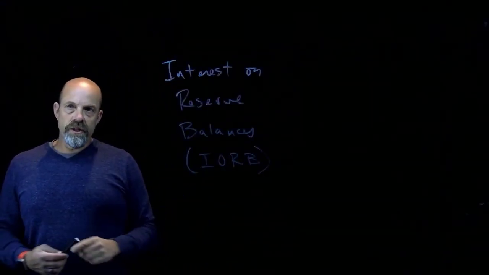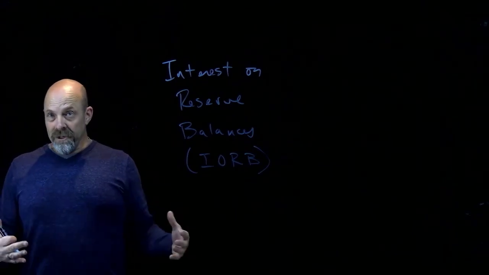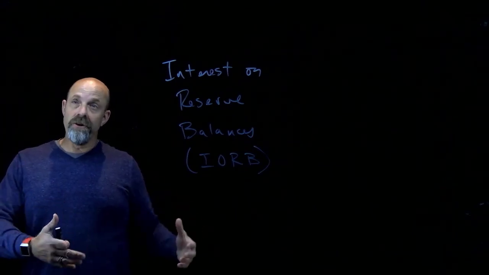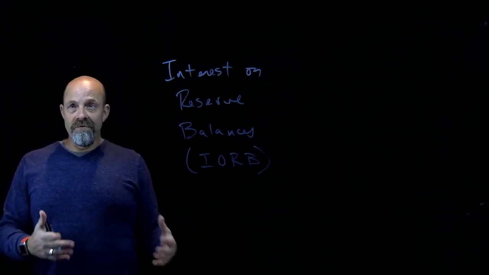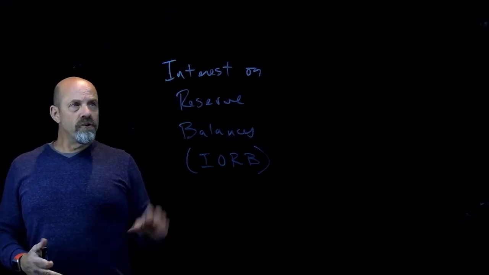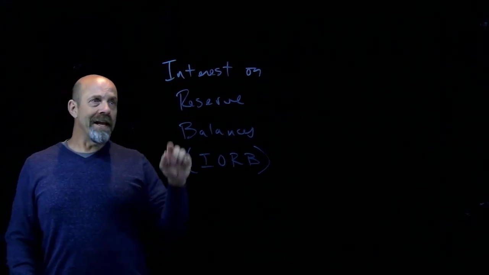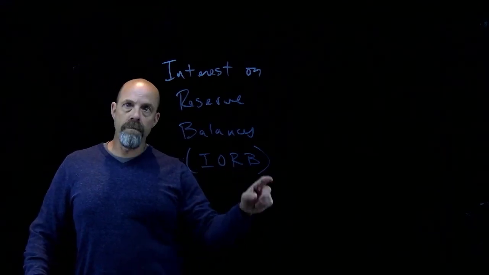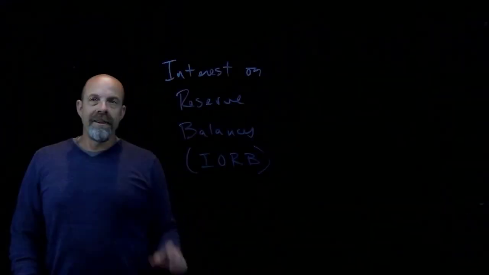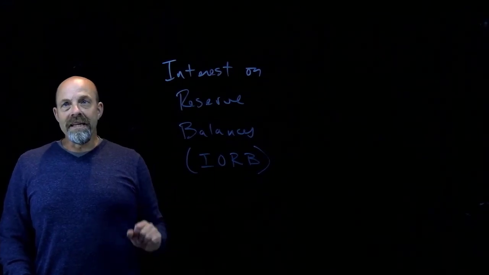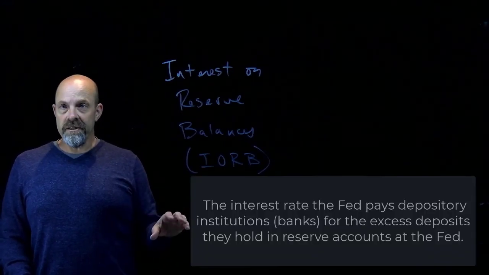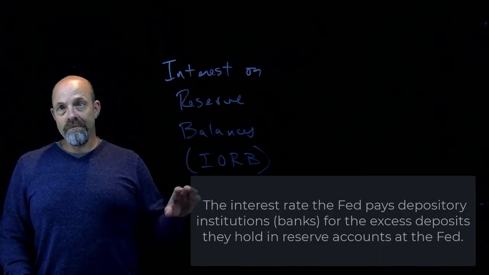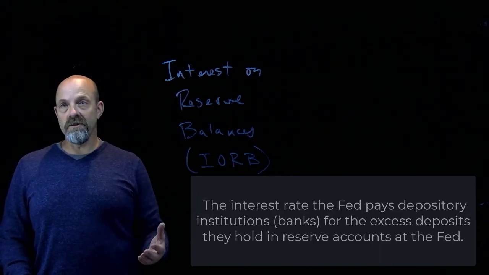So rather than using open market operations, the buying and selling of government securities, to influence the federal funds rate, the Fed uses a different tool, and it's called interest on reserve balances, or IORB. The IORB is the amount of interest the Fed pays banks for their excess reserves.